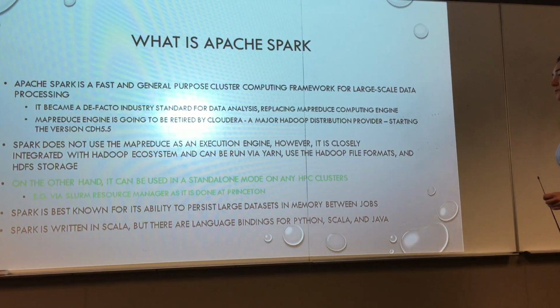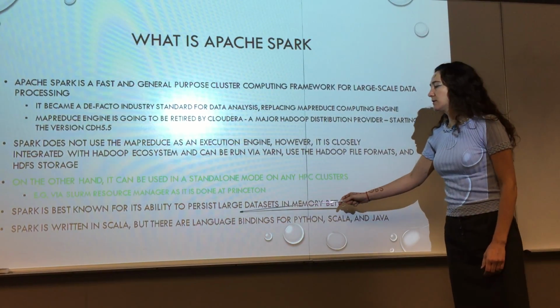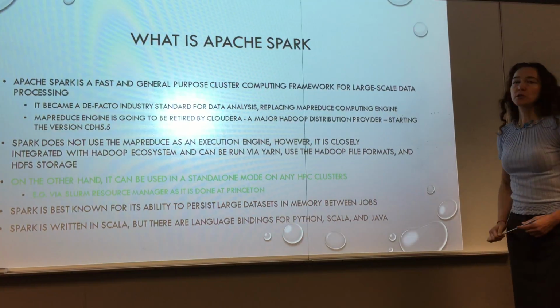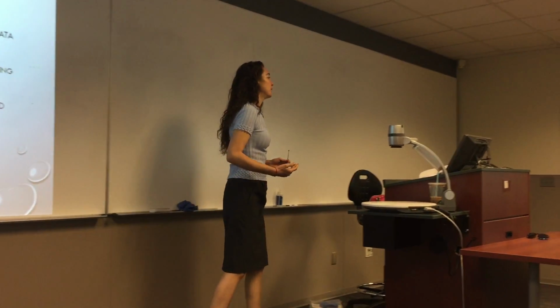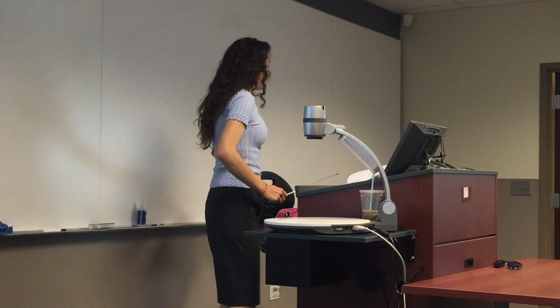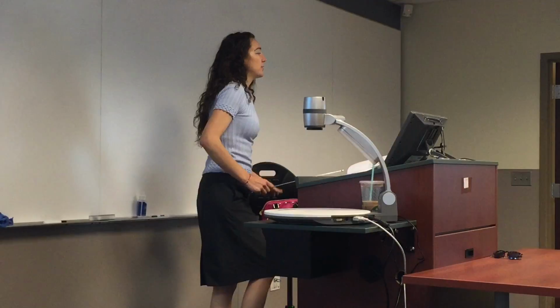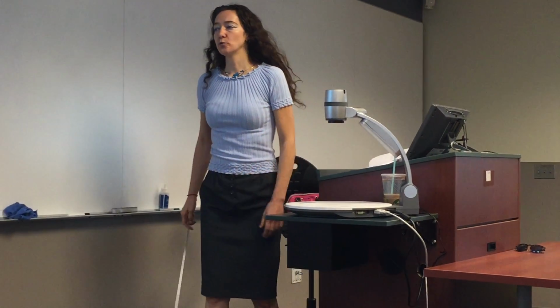So it is best known for its persistent large data sets in memory. So when we switch between jobs, it is able to hold large amounts of data in memory, which significantly speeds up the processing compared to MapReduce.